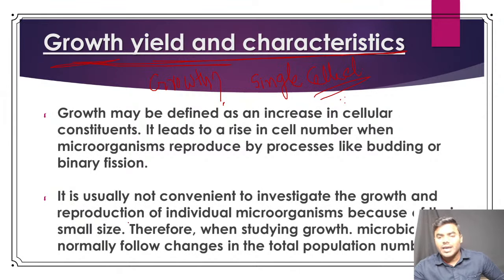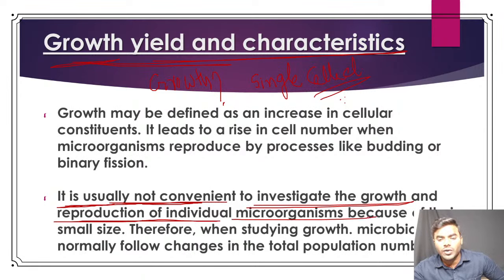So everyone remember, instead of studying one, we will study the group. Every student remember, it is usually not convenient to investigate the growth and reproduction of an individual microorganism. We can't study an individual microorganism because of its very small size. So it's a very simple point, my friends.